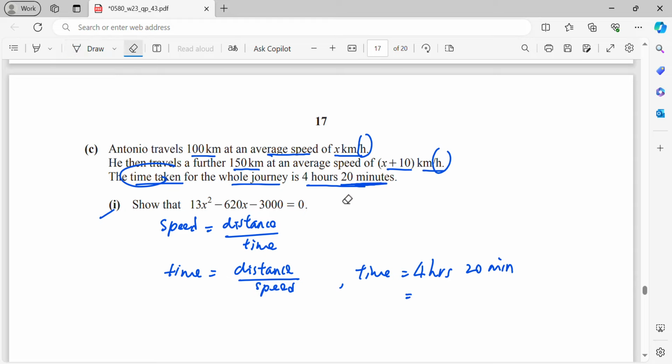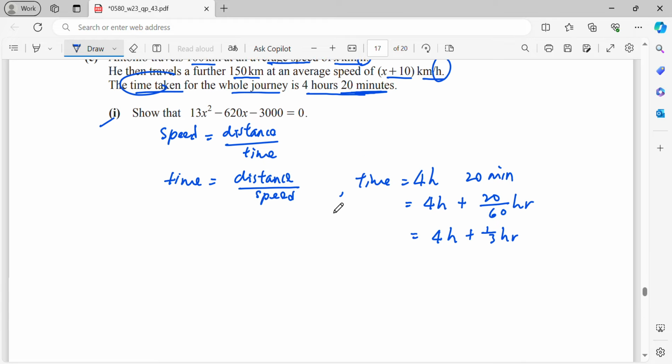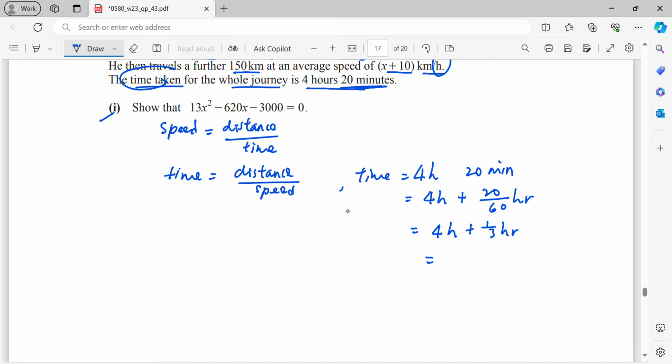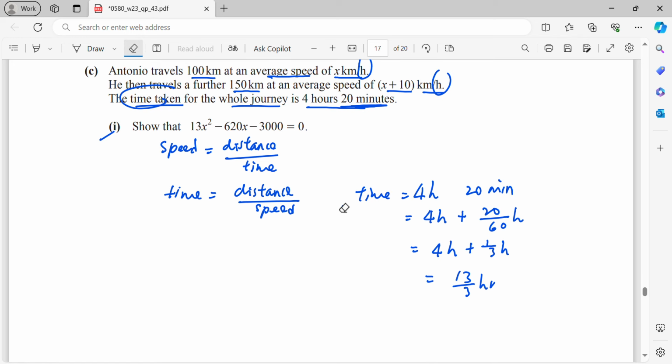So here it will be 4 hours plus 20 over 60 hour, because 1 hour has 60 minutes. Then it will be 4 hours plus 1 over 3 hour. Okay, so 4 plus 1 over 3 is basically 13 over 3 hours. Right, so this is the time taken for the whole journey.